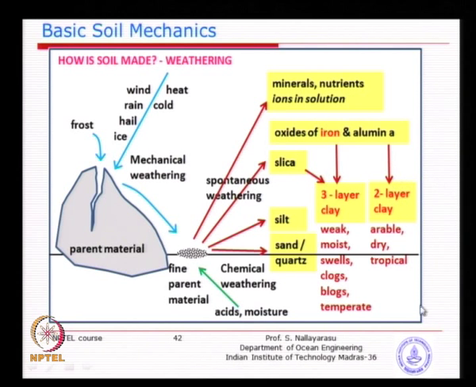Mechanical weathering is basically due to abrasion and human activities. When you have a smaller rock on the road, it gets broken down into smaller pieces if something is going on top of it. Or you have chemical weathering, due to the chemicals present in nature reacting with the silica available in the parent material.